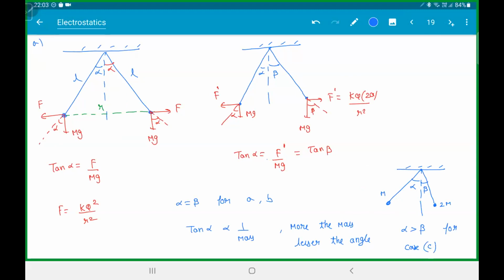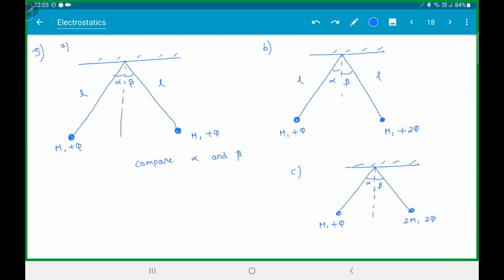So the angles will not depend on the charges, but will depend on the masses. If you take this charge as plus q and that charge as 1000 q, the answer will still remain the same. Alpha is equal to beta. As long as the masses are equal, it doesn't matter. If the masses change, then the angles will change.